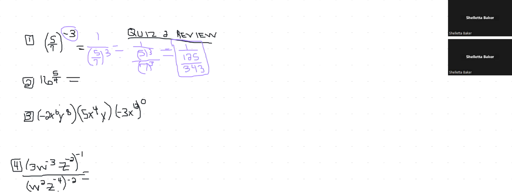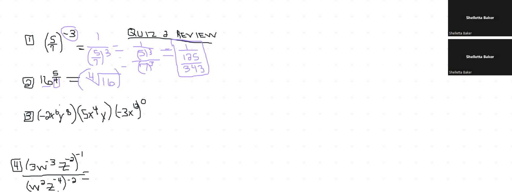For number 2, we have 16 raised to the power of 5/4. We first want to convert this to radical form. And remember, your denominator will become the index of your root. So we'll have the 4th root, our base. We put that underneath the radical expression. So the 4th root of 16, all raised to the 5th power.